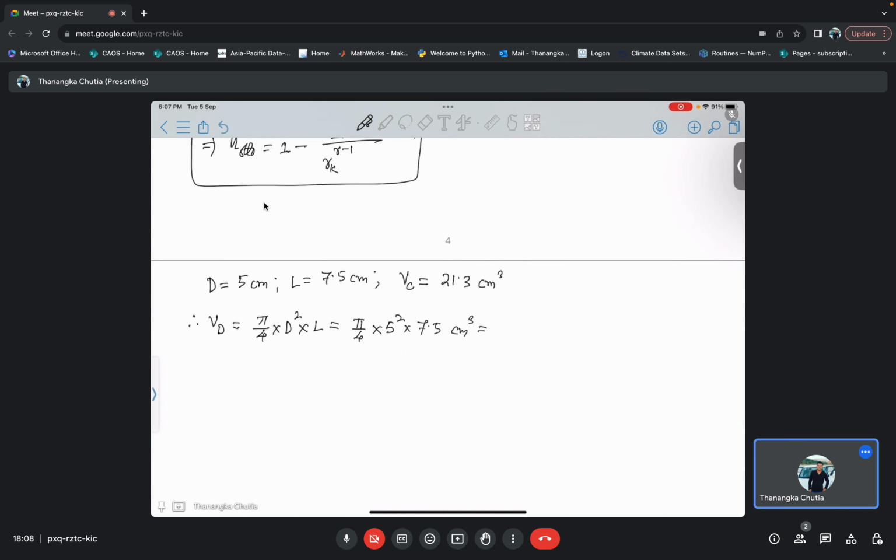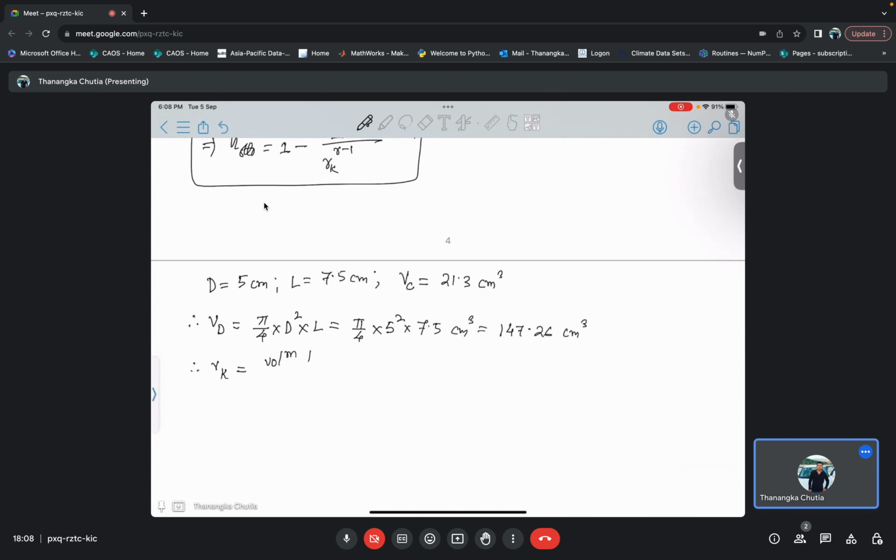So this one you will get as 147.26 centimeter cube. Now therefore Rk is what?